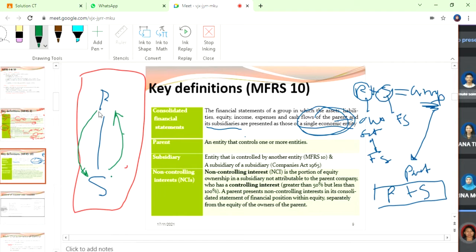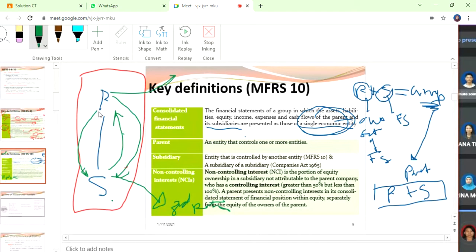The subsidiary may also be selling its product to third parties, outside parties. The parent may also be doing the same: selling to the subsidiary company and at the same time selling to third parties. So there are so many transactions going on.